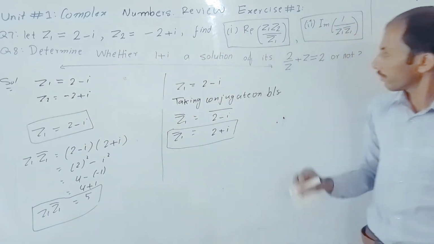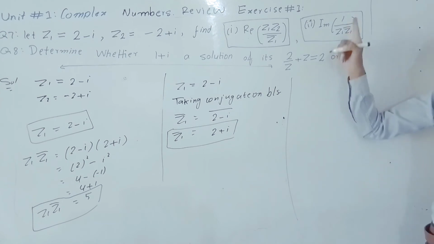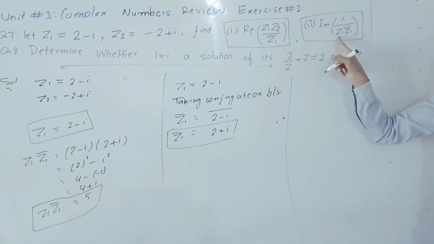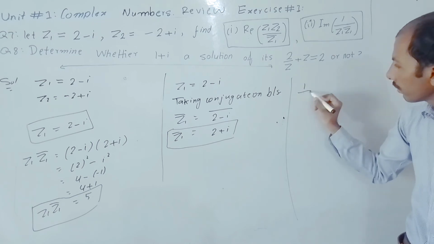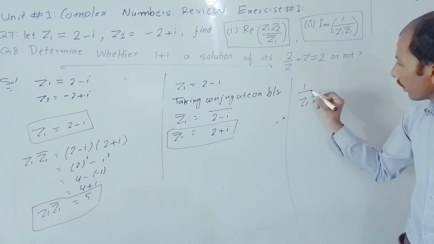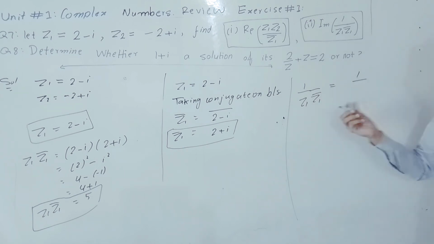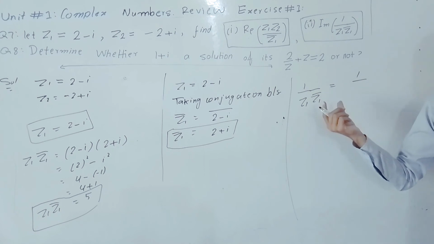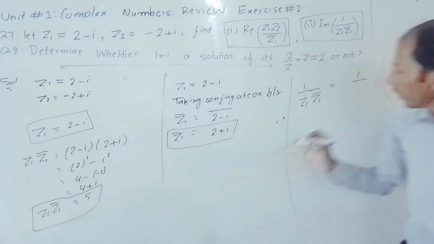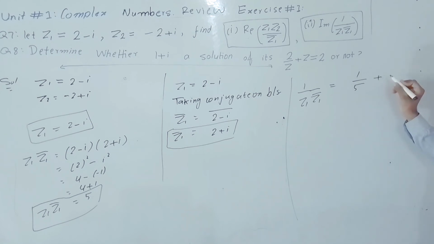So next, 1 divided by z1 conjugate of z1 is equal to 1 divided by 5, so 1 divided by 5 plus 0 iota.